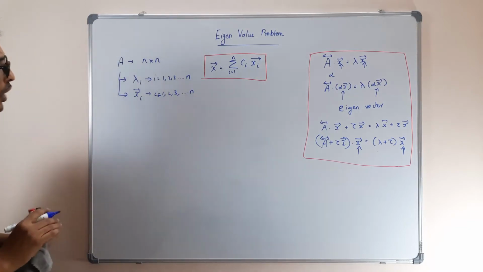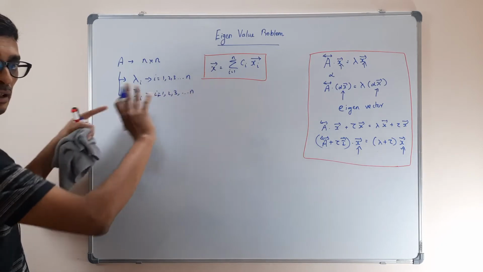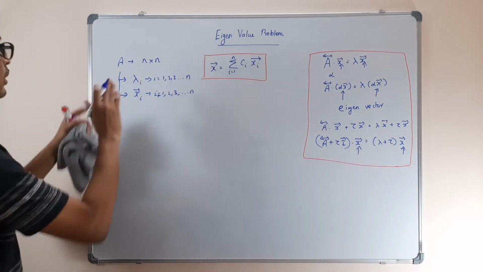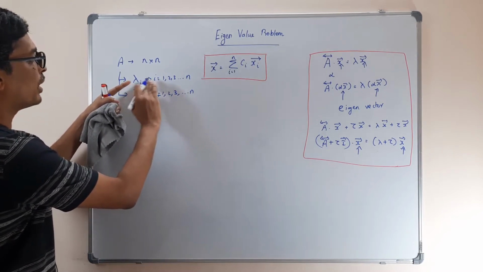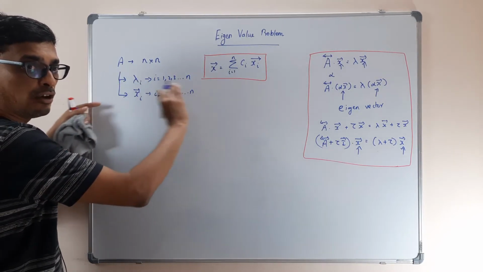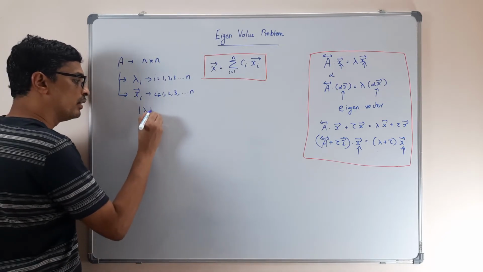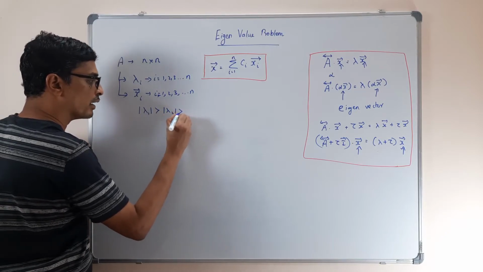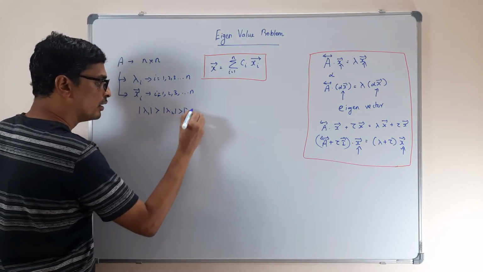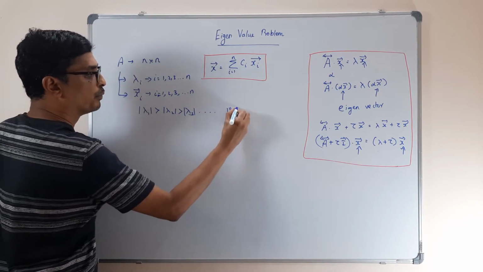All these lambda i's are distinct because we are dealing with non-degenerate eigenvalue problems. Let me arrange these lambda i's in descending order of magnitude. That means lambda 1 is greater than lambda 2, which is greater than lambda 3, and so on up to lambda n.